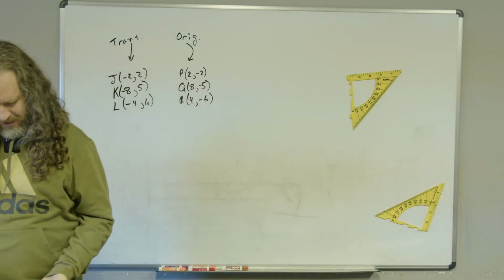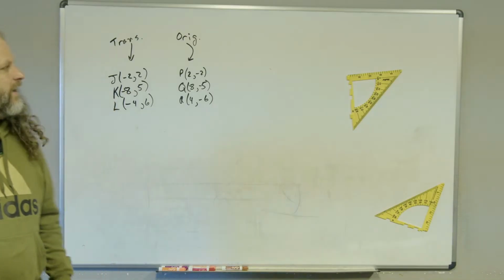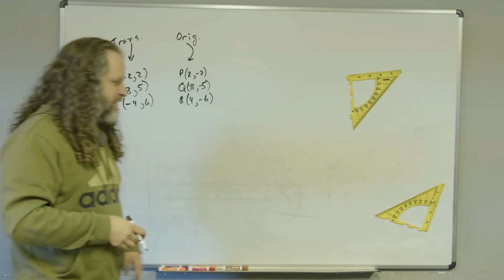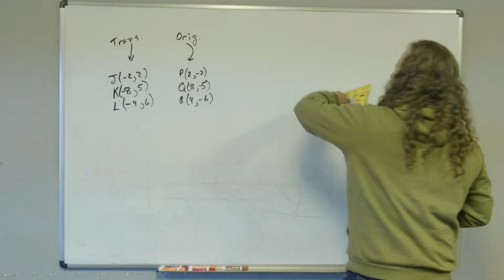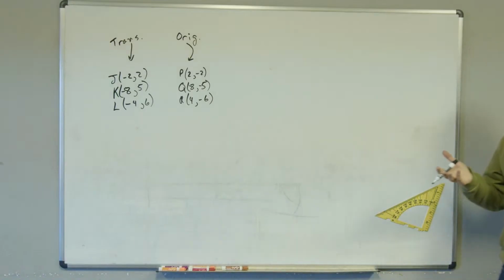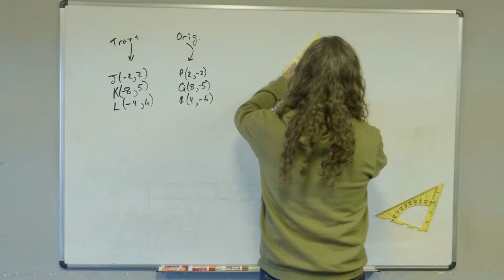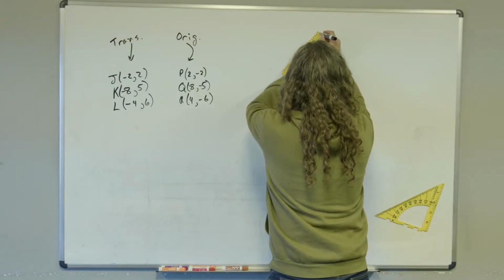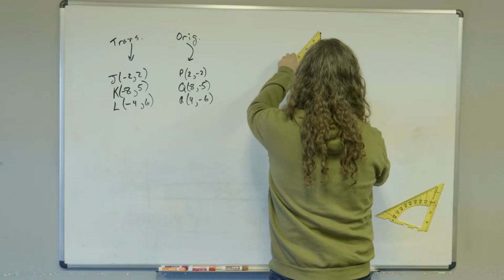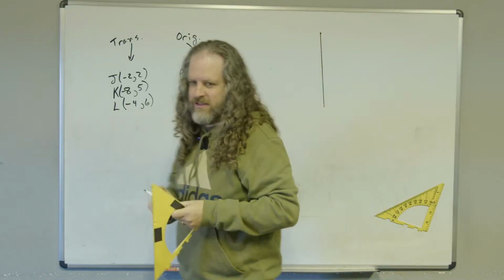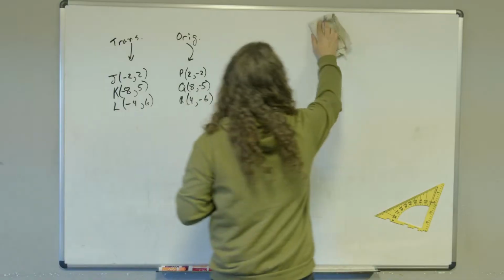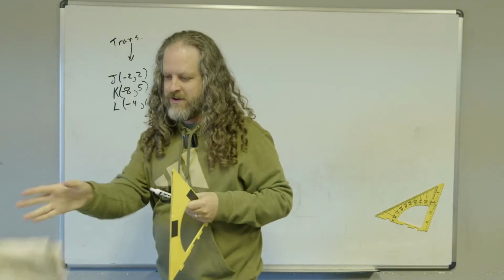Graph the original and its image. Identify the transformation. So this is pretty straightforward. This is really kind of going back to 4th, 5th grade math, essentially, just with a vocabulary word at the end, right? Just plotting points, connecting the dots, which we don't always do, and I don't know why I drew it crooked, just because I was talking, I guess. Let's try again.